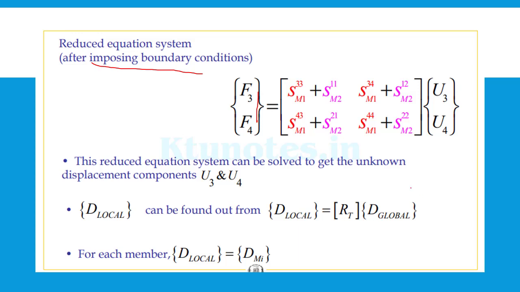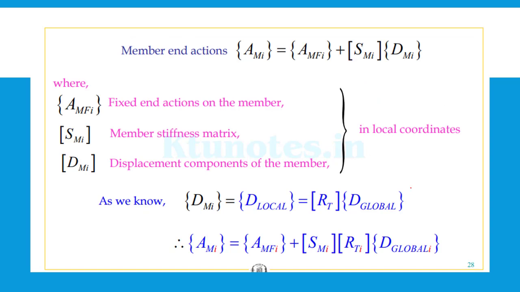And for each member, d local is equal to dmi, because it's done in the local coordinate, and the member end actions AMI is equal to AMFI, which is the fixed end actions on the member, plus SMI into DMI.